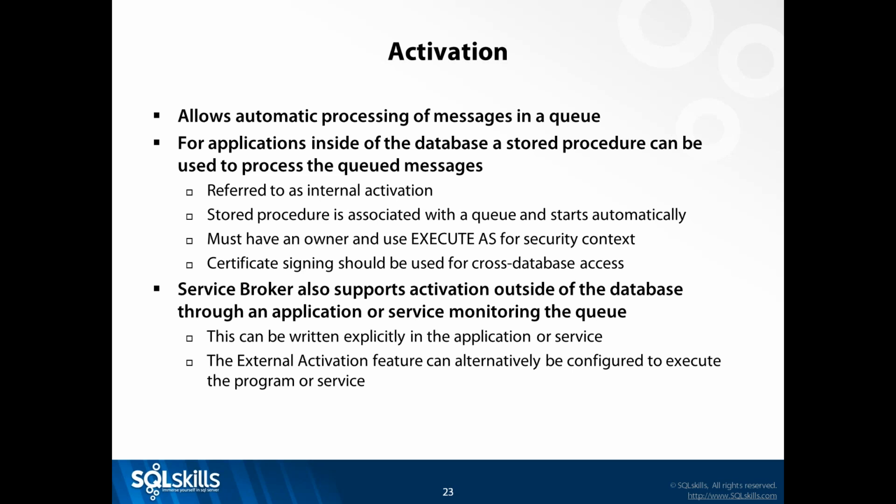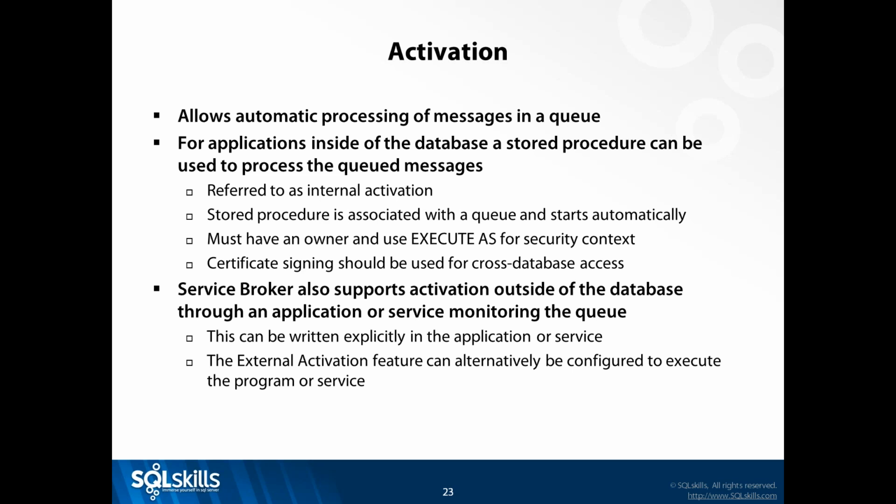And anytime that you're doing cross-database access, certificate signing and certificate exchanges are typically the most secure implementation and preferred over turning trustworthy on for the databases and allowing cross-database access to be executed through the trustworthy bit on. You can do external activation outside of the database by writing an application or service.